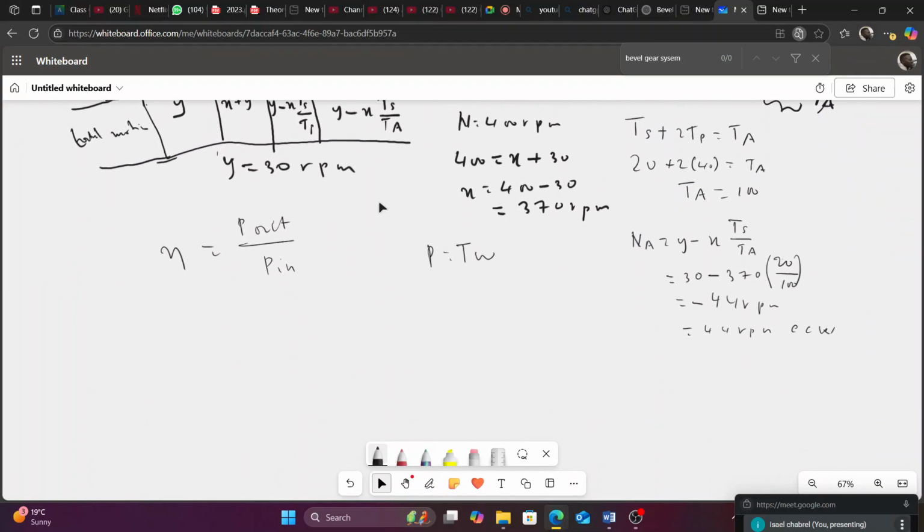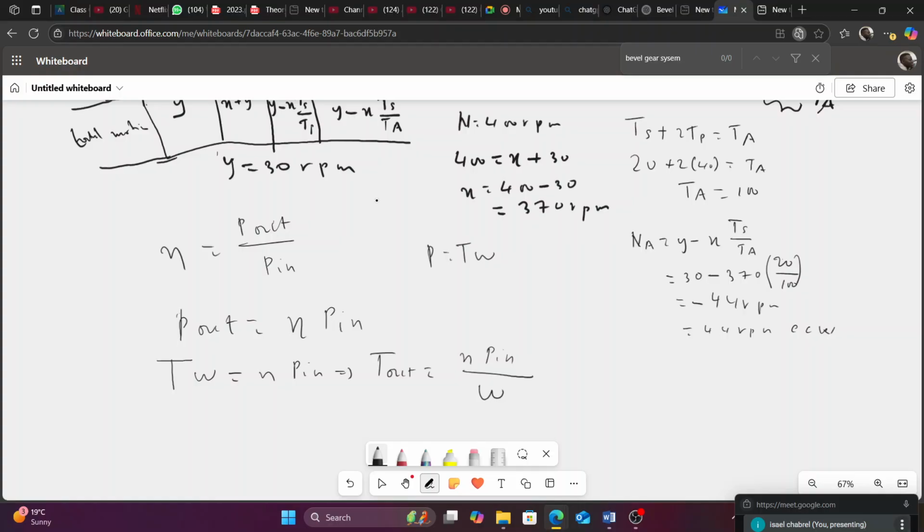So I can make power output the subject of the formula. It will be efficiency multiplied by power in, which is given. For power output, I will write torque times W equal to N times power in. So the torque out is simply going to be N multiplied by power in, everything divided by W.